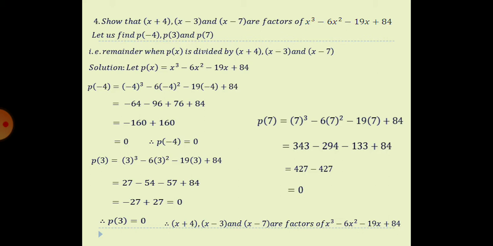So this gives you 0. Thus here also the remainder is 0. In all the three cases the remainders are 0. So all the three given linear polynomials are factors of the given p(x), that is x cube minus 6x square minus 19x plus 84.